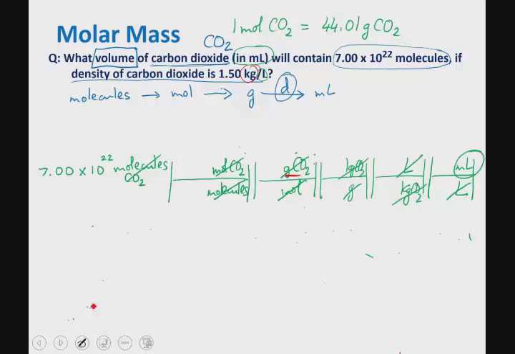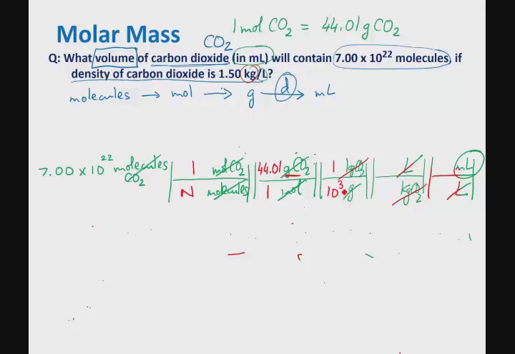From the Avogadro's equation, we know 1 mole of CO2 will have 6.022 times 10 raised to 23 molecules. From the molar mass of CO2, we know 1 mole of CO2 equals 44.01 grams. We also know that 1 kilogram equals 1,000 grams.